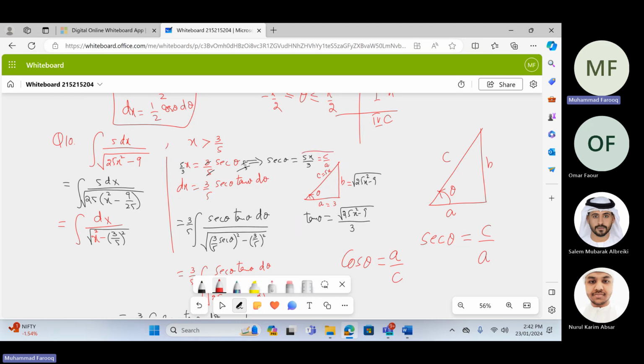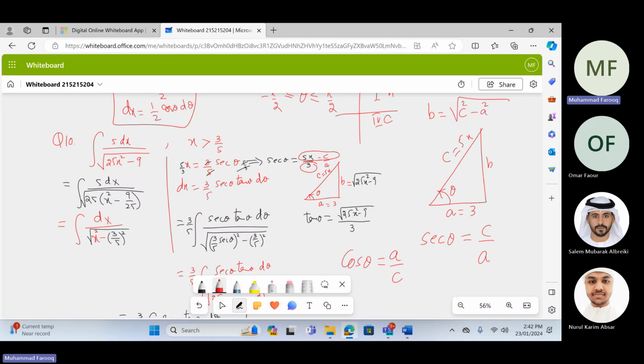It means C is 5x. I wrote here C value 5x, and the denominator is A, which is 3. Now, by the Pythagoras theorem, if you are missing this side, the formula is B equals the square root of C squared minus A squared.